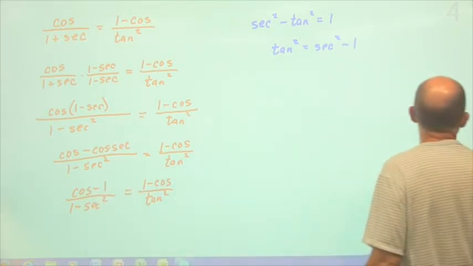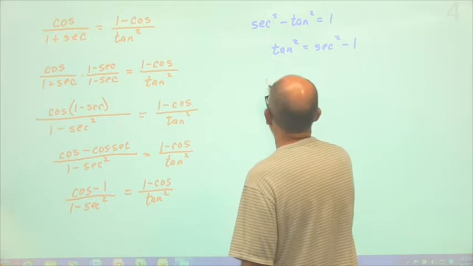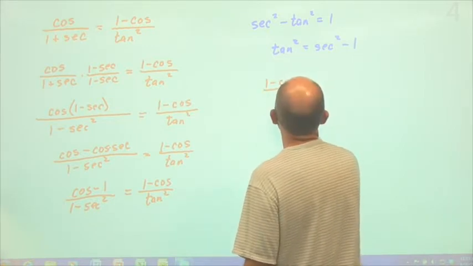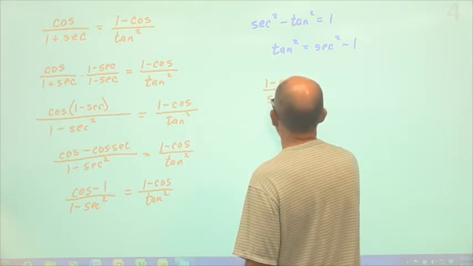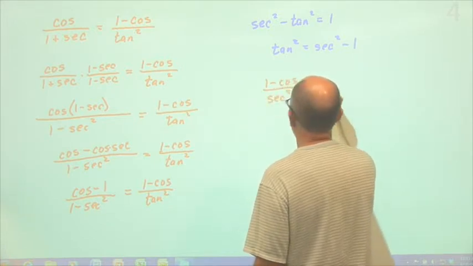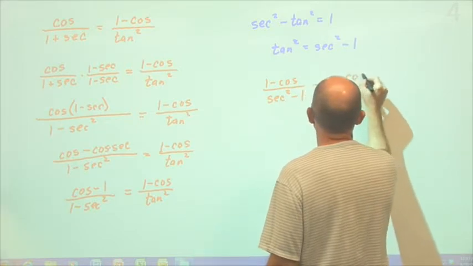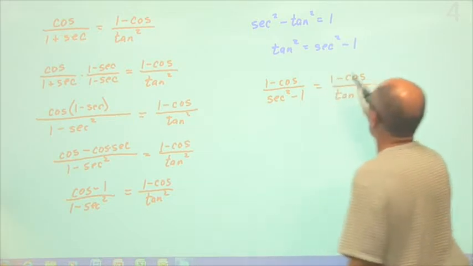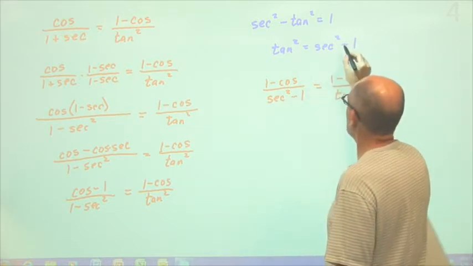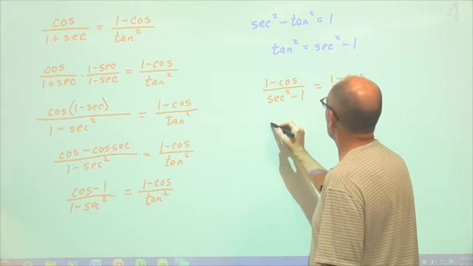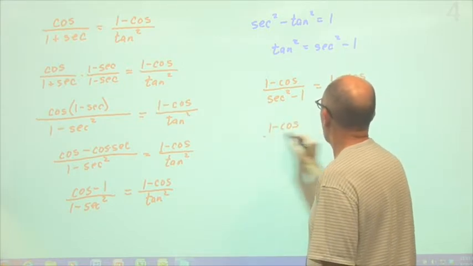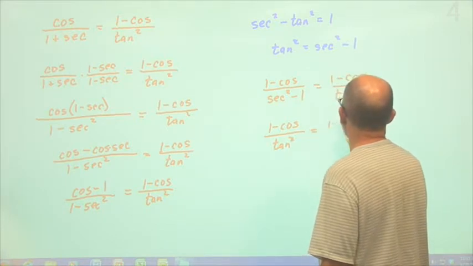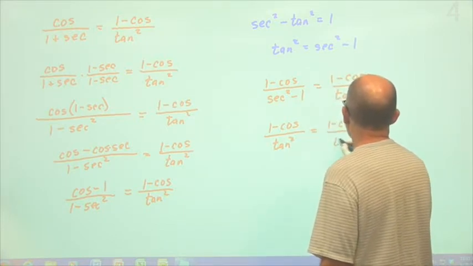And so that'll make 1 minus cosine over secant squared minus 1 equals 1 minus cosine over tangent squared. Now we have secant squared minus 1 equals tangent squared. So I have 1 minus cosine over tangent squared equals 1 minus cosine over tangent squared.